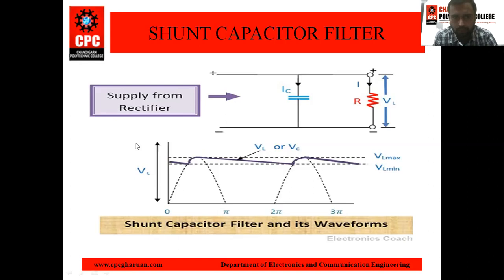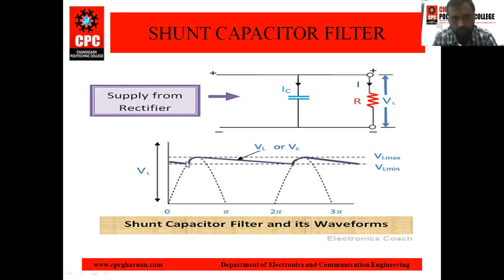This is the output of the rectifier, applied at the positive and negative points. The capacitor can charge fast and discharge slowly.